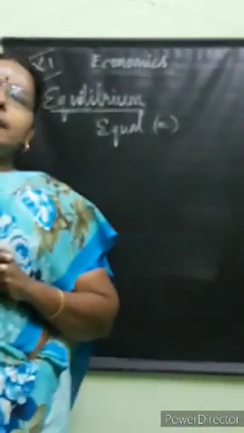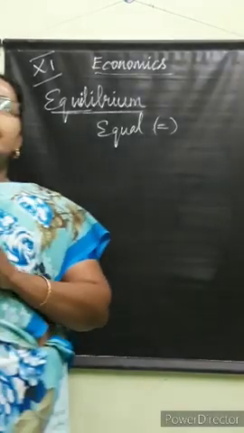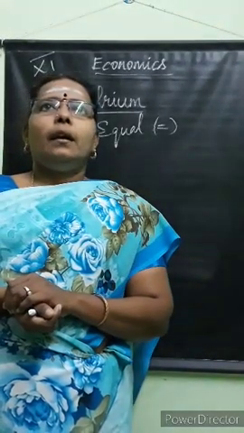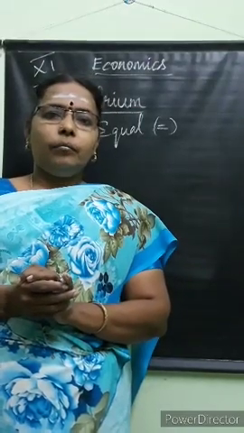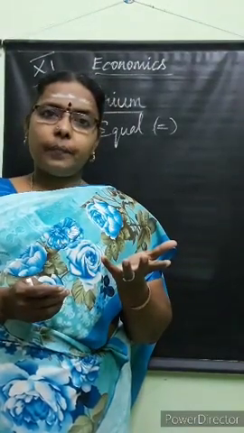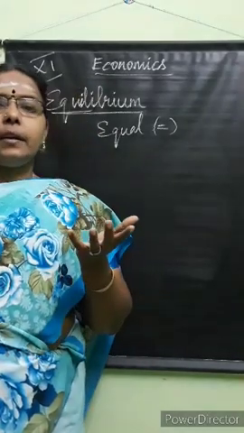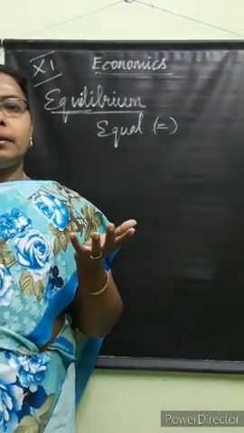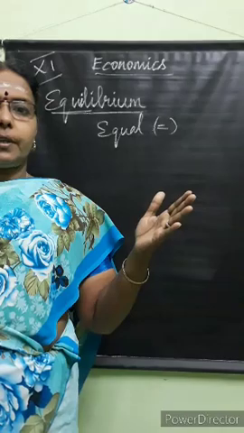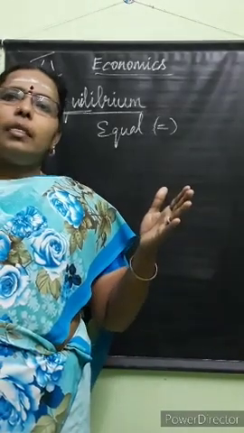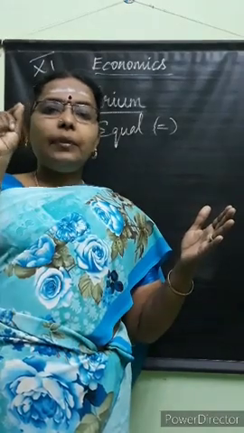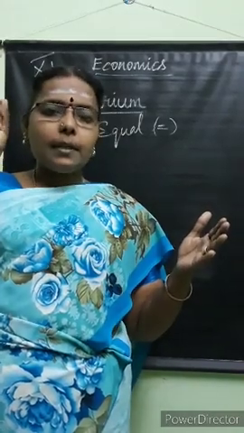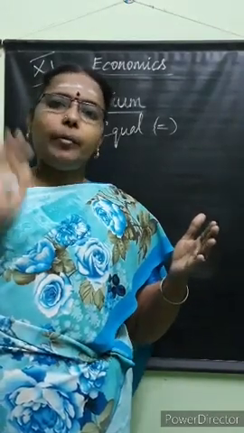Another example: you work hard, you studied well, you got very good marks. Then the sacrifice you have done is equal to the benefit. So the place where the sacrifice and the benefit get their equivalence is called the equilibrium point.